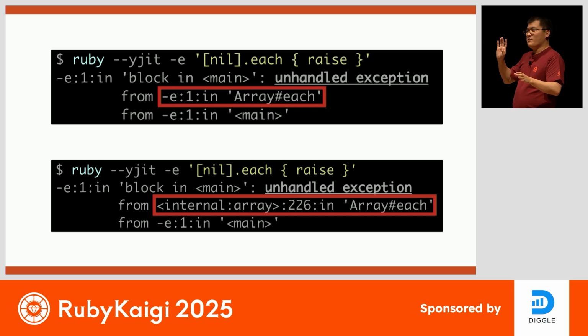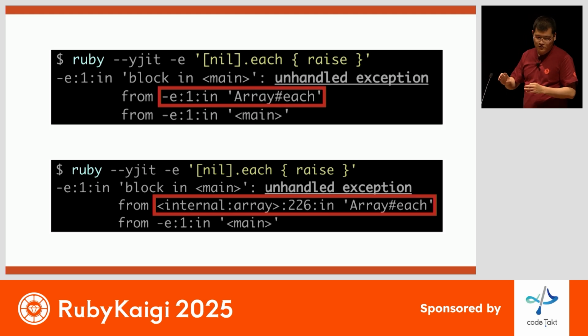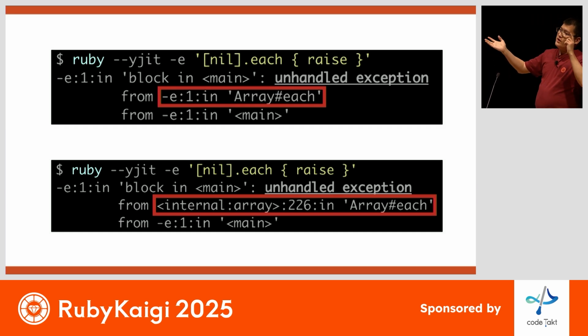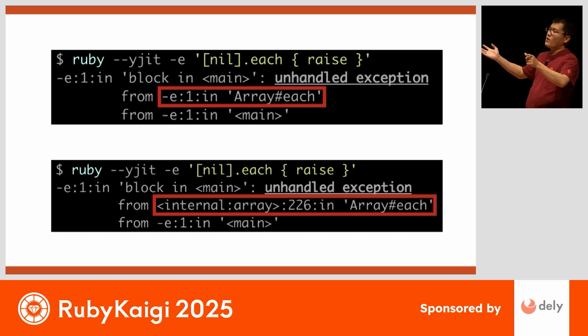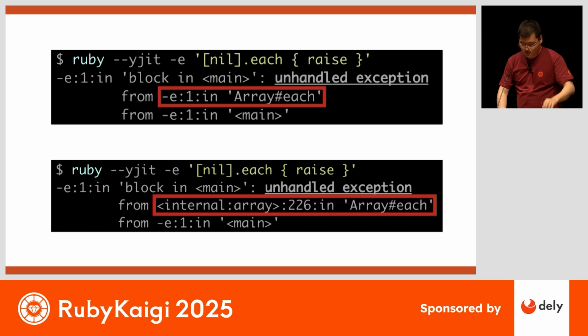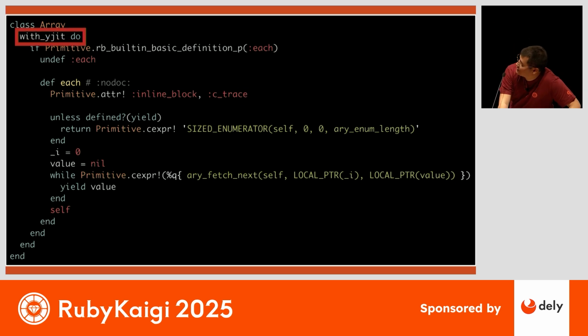For some reason, C methods just look at the caller frame's location and show -e, which is not actually the location that defined Array#each written in C, but anyway, if it's rewritten in Ruby, this is going to be different. But this is something we don't want to happen, because if you enable YJIT, because of the with_yjit helper, we swap the implementation of Array#each only if YJIT is enabled.